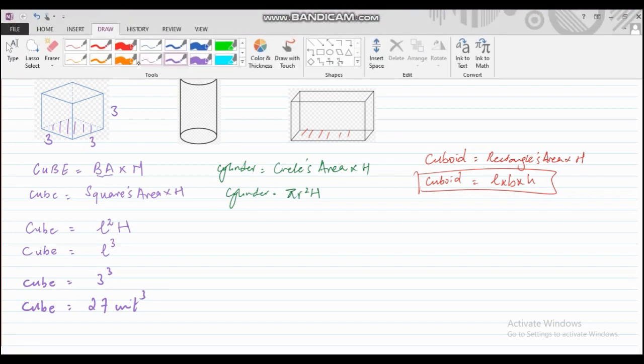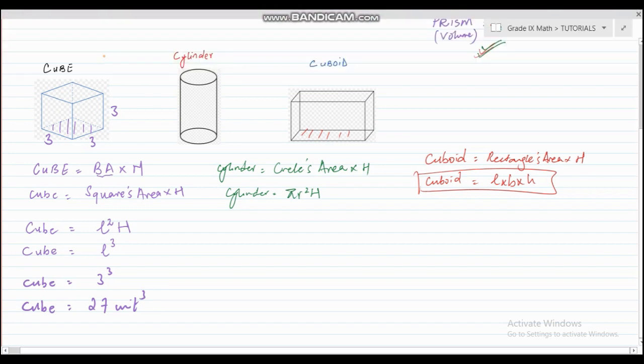Similarly, let's say we have a cylinder whose radius is 2 and the height is 4. So the formula is pi r squared H. Pi is, as you are aware, 3.142. R squared would be 2 squared, and its height is 4.